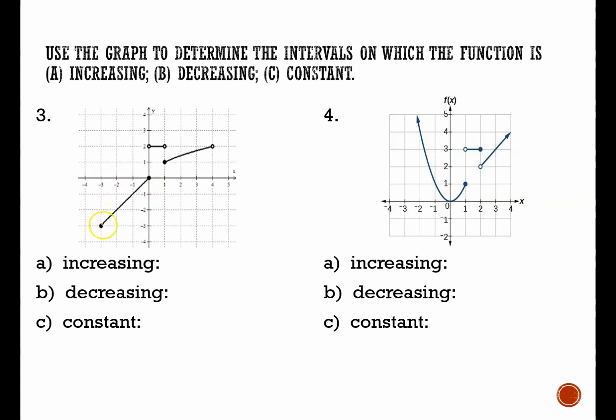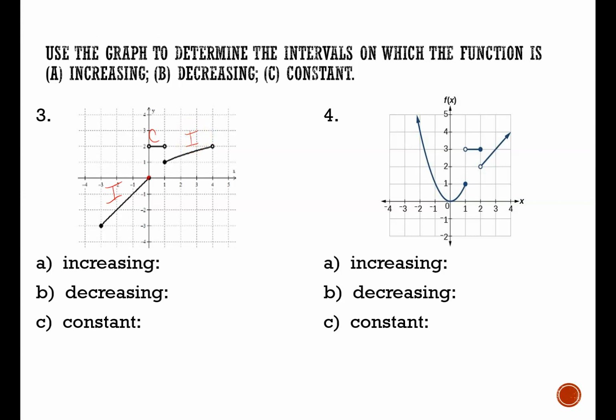So if I start at the left, I'm going up, I'm increasing here, and then I stop, and I have to jump up to here, but it still picks up at that same x value, which is 0. And then it's constant, just in that 1 unit interval there. And I pick up still at 1.